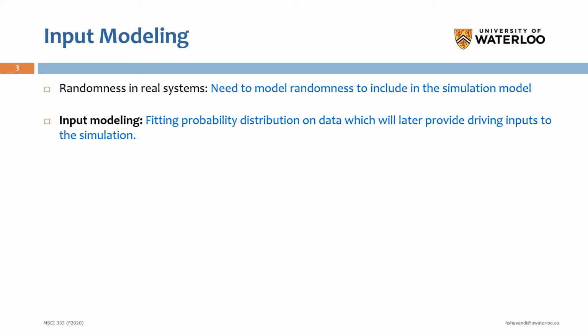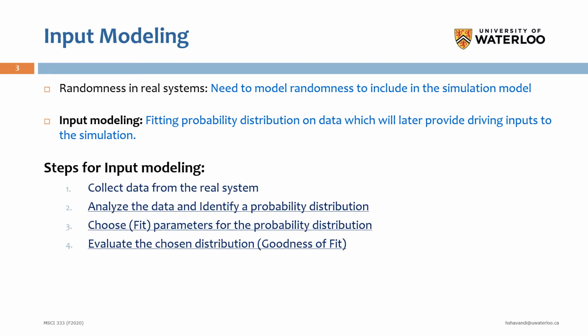It's called input modeling, and we're going to learn in this chapter how we can model input data for a simulation model. To do so, at first, we need to collect data from the real system, and then we need to analyze the data and identify a distribution.